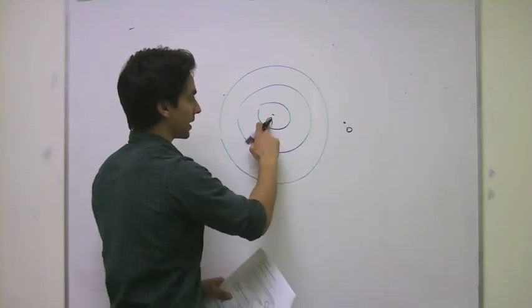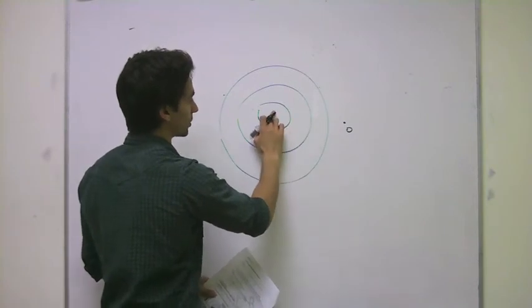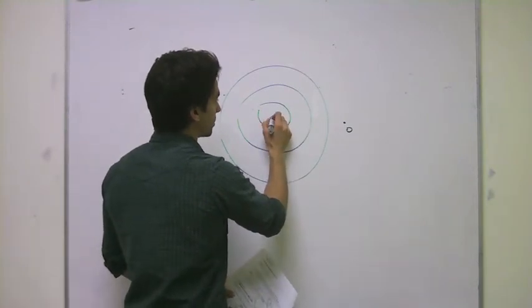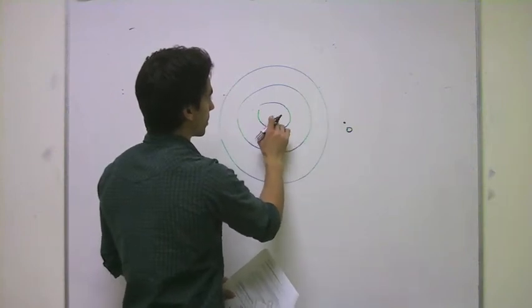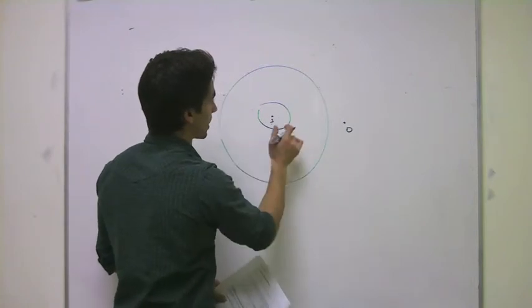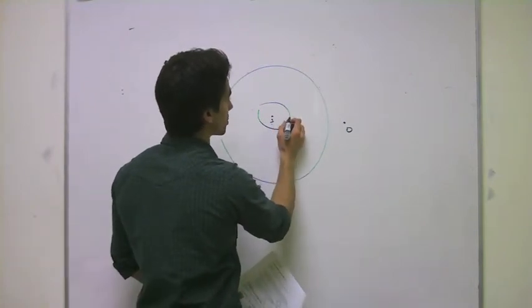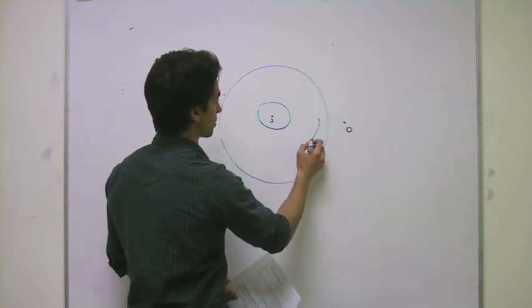But now in a case when, let's say, the source is moving maybe towards or away from the observer, when the first wave was emitted, the source was here. The next wave, this one, when it was emitted, the source was probably somewhere here. So the wave should be centered somewhere around here.